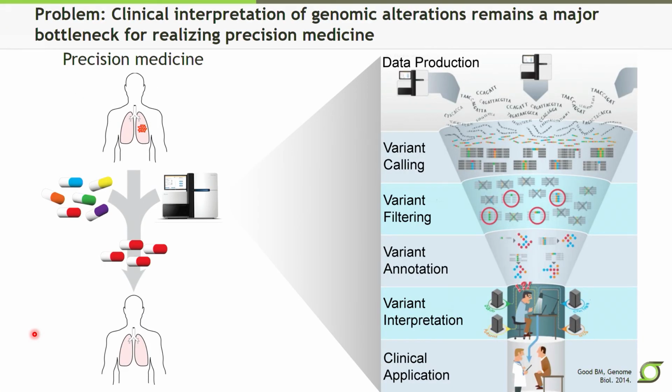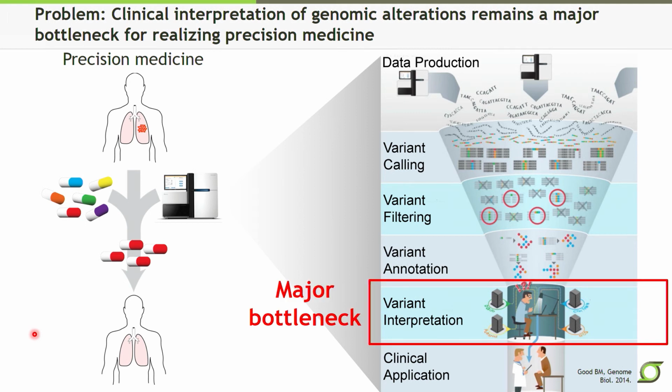So I think you guys have seen a few of these funnel diagrams over the course of this meeting. But I just want to reiterate that we've gotten pretty good at identifying variants in clinical samples, but we still have a major bottleneck at this point of variant interpretation.